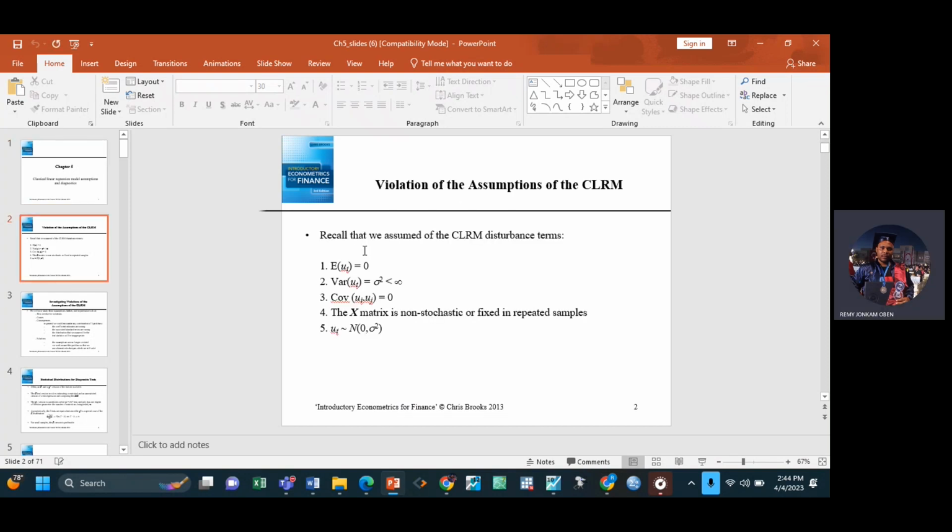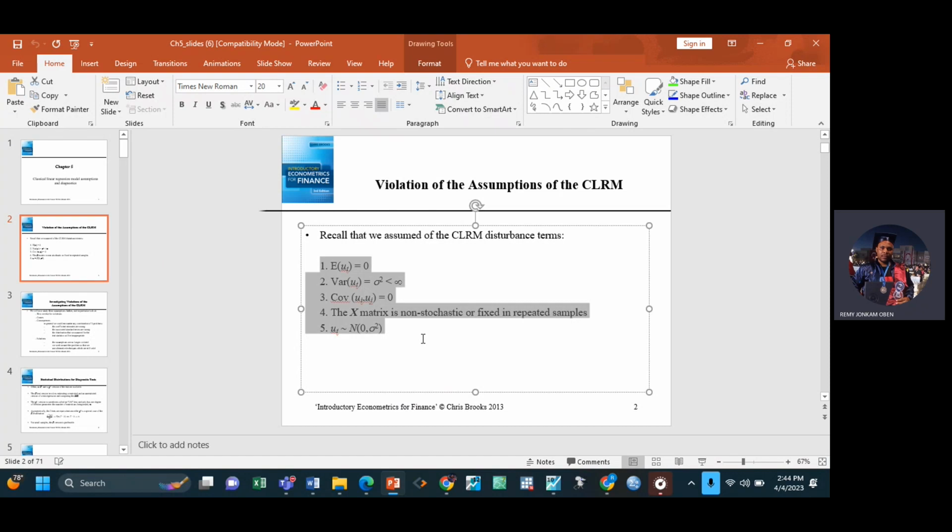So these are 5 of the assumptions. The first one, what does it mean? It's in notation form, but who can interpret it for me? Expected value of u_t equals 0. Expected value means mean value. So here the expected value of the error term, or the mean value, should be 0.